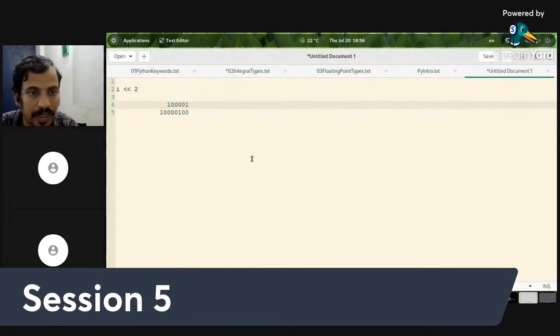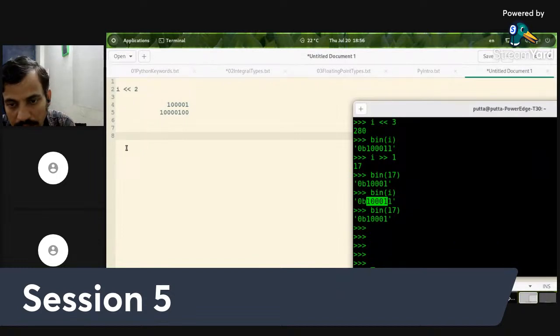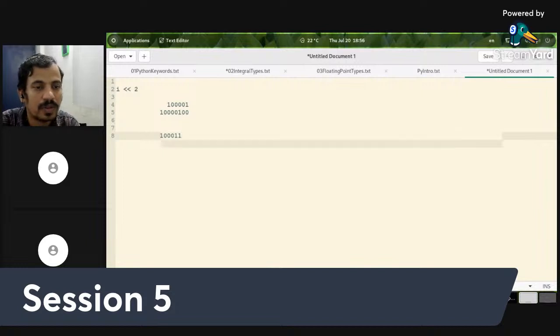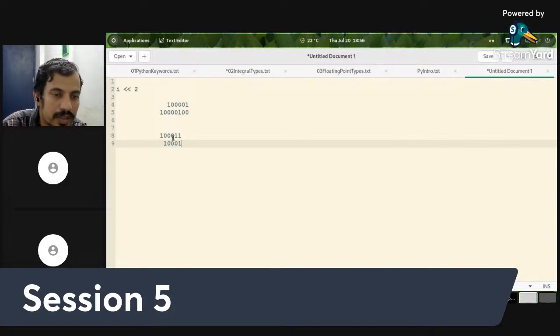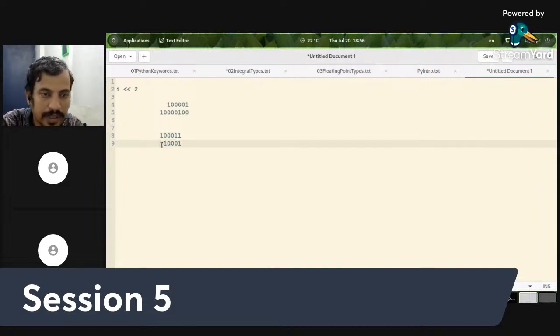Let me show it on the notepad here. The value 1 followed by 3 zeros and 2 ones: 1 0 0 0 0 1 1. So what we have to do here is shift every bit by one position to the right. This second last one comes to the last position, and this last bit will be discarded, and we add a leading 0 at the leftmost end.